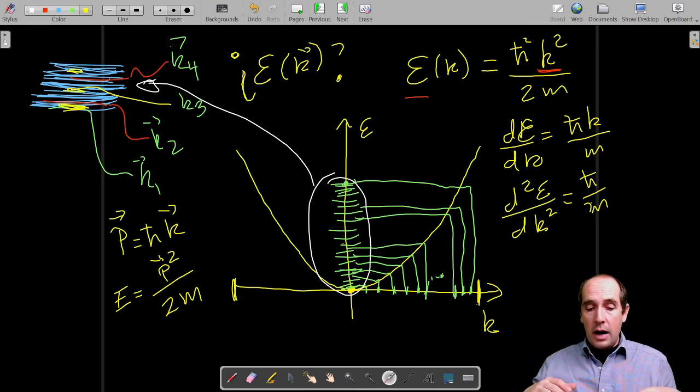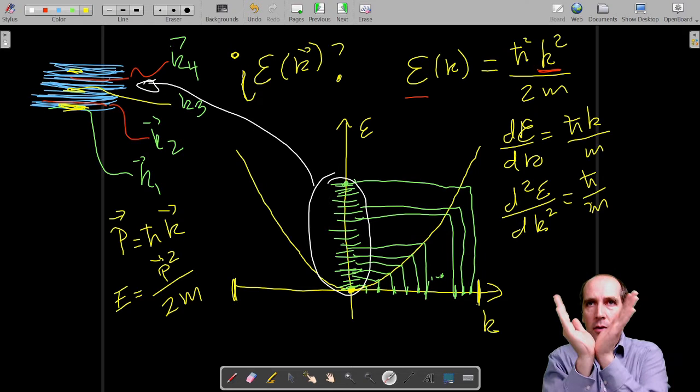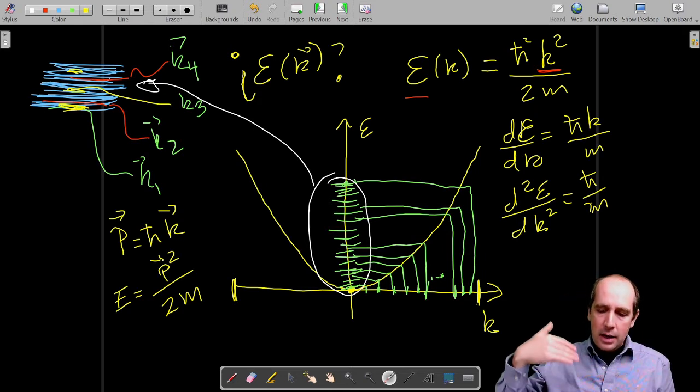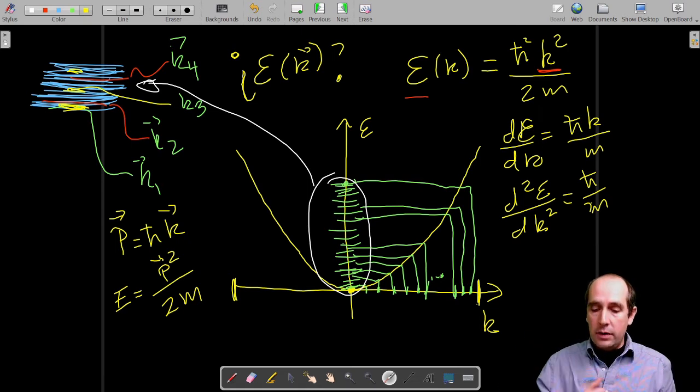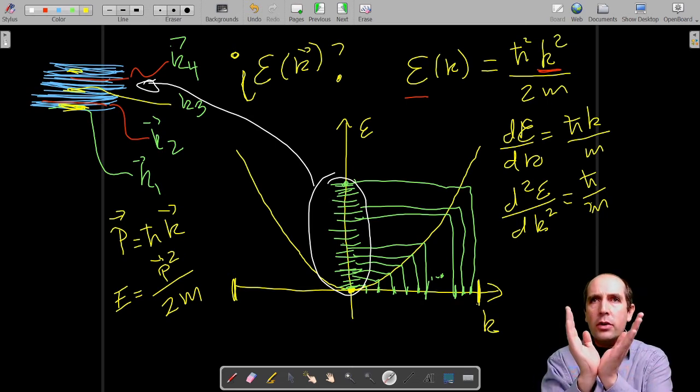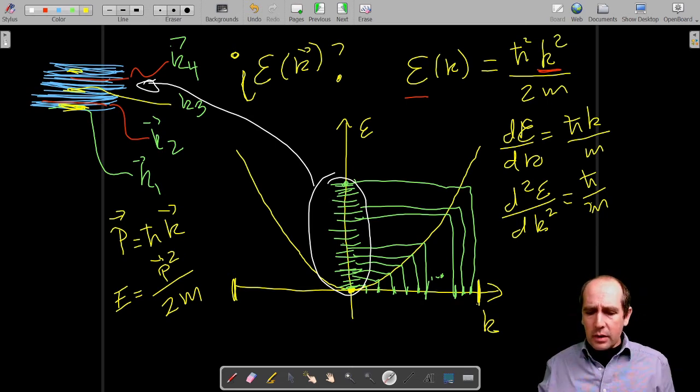And when we have a very curvy, very sharp parabola, we get a very high value of the second derivative. So interestingly, the curvature of the parabola tells us about the mass of the electron.